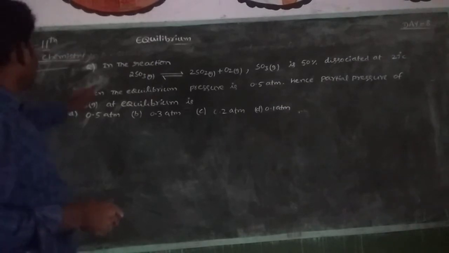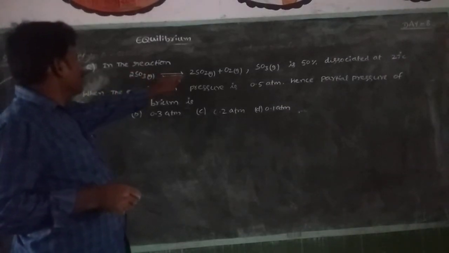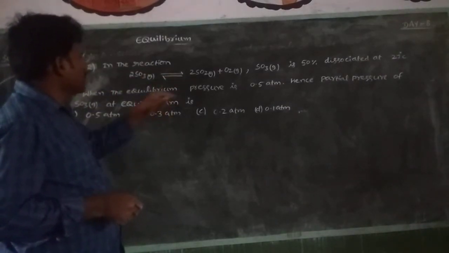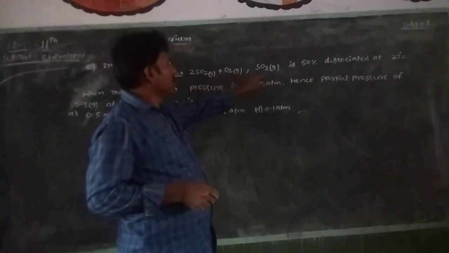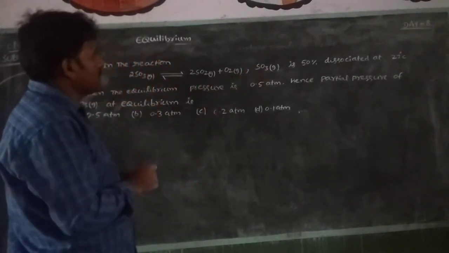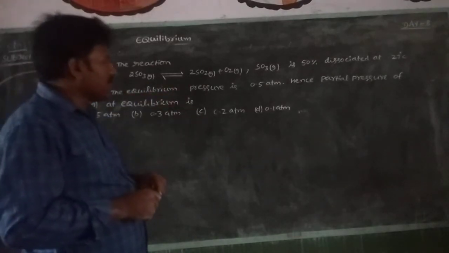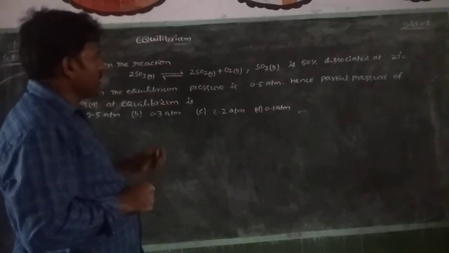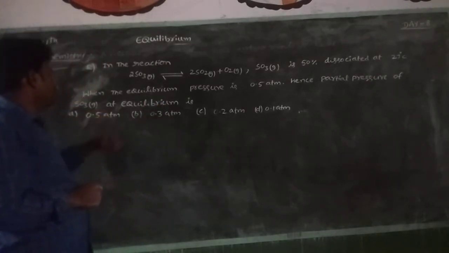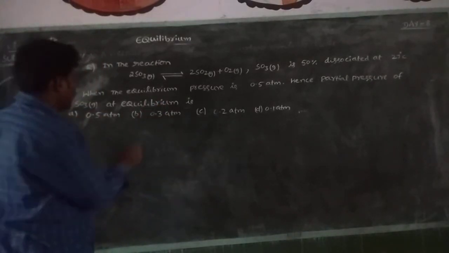Okay, next question is, in the reversible reaction 2SO3 gas going to 2SO2 gas plus O2 gas, SO3 gas is 50% dissociated at 27 degrees Celsius and equilibrium pressure is also given, 0.5 atmosphere. Hence partial pressure of SO3 gas at equilibrium is, listen.